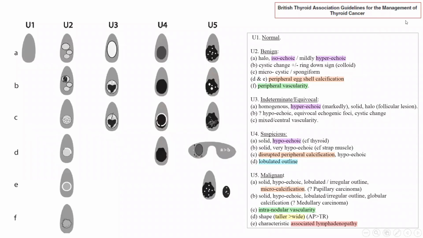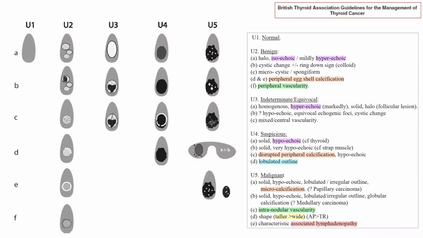Actually, this is published by British Thyroid Association guidelines, published in 2014, and this is a U classification for thyroid nodule, and you should know what are the features suggestive of malignancy and features suggestive of benign thyroid nodule. For example, a lobulated outline or disrupted peripheral calcification or microcalcification or intranodular vascularity, or if the shape is taller than wide thyroid nodule.